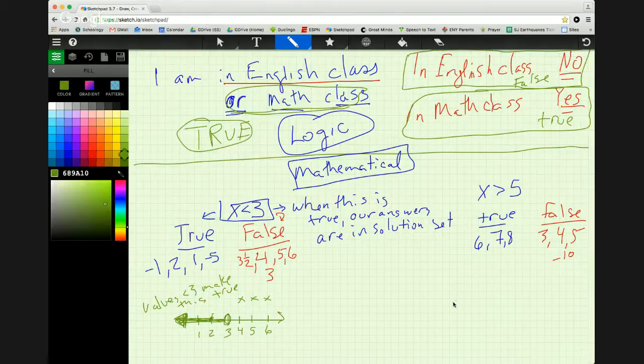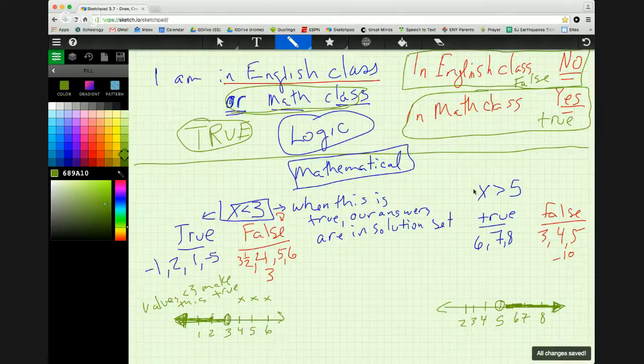So if we draw a number line over here, we'd put a 5 in the middle, then 6, 7, 8. 5 doesn't make it true, but all the numbers greater make it true. And then 4, 3, and 2, none of these make it true.